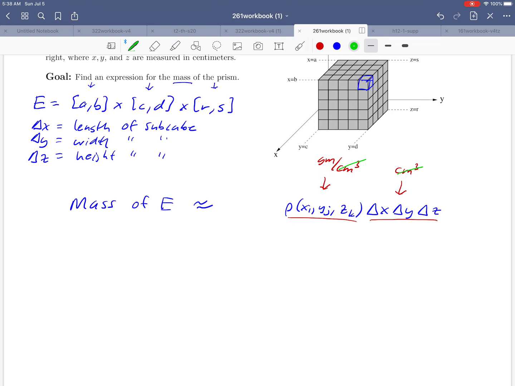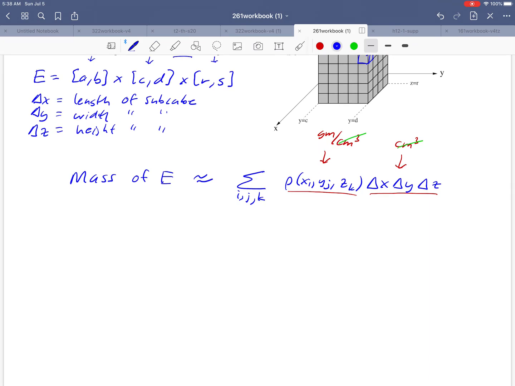So to get an approximation for the mass of all of E, we would have to add up all of these cubes. Imagine going through that entire region E and going down every row and column, etc., until you've visited every cube. That's going to give you an idea of the mass of the entire solid.